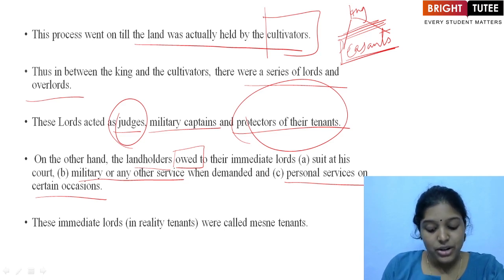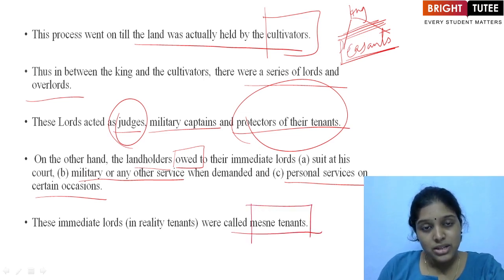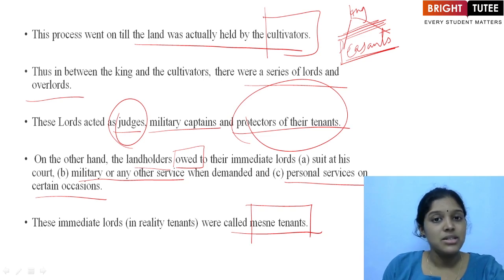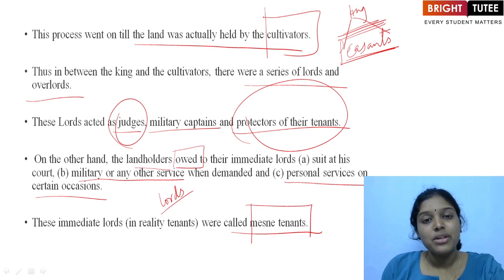And these immediate lords were called mesne tenants. The immediate lords were called mesne tenants because in reality, these lords were also tenants, because the lords also did not have the ownership right over the land.